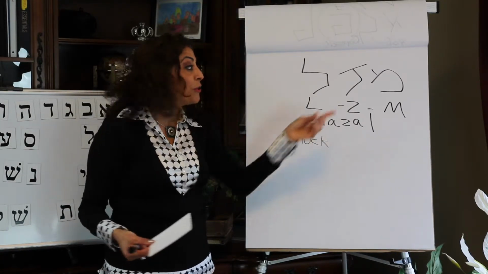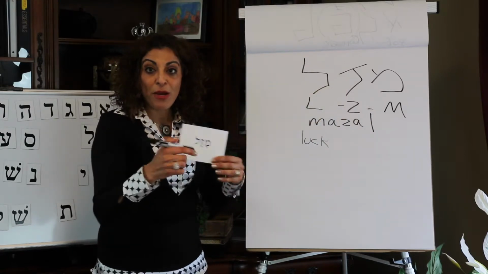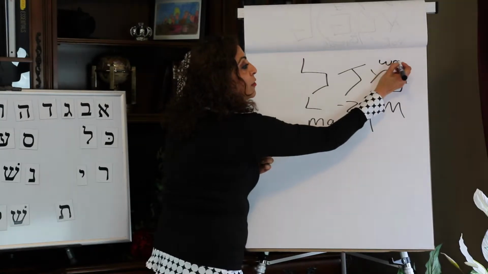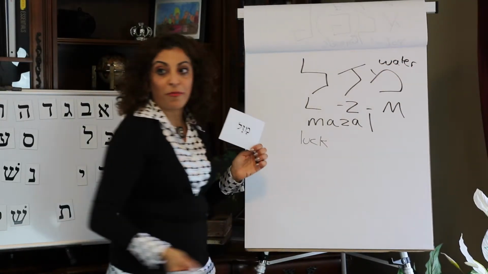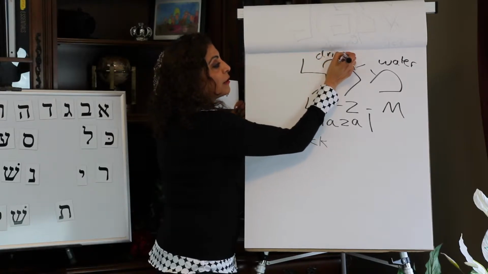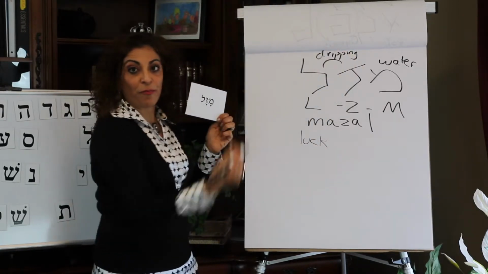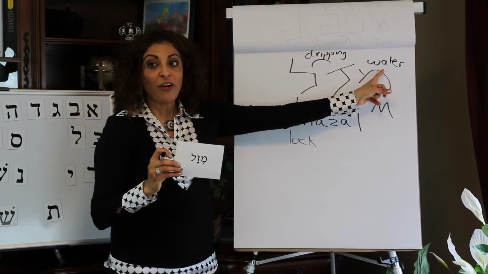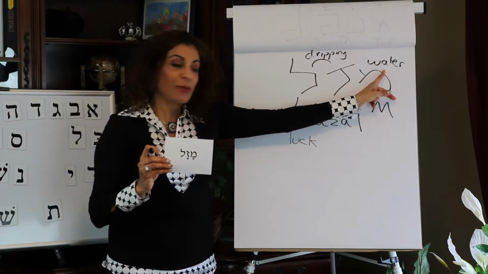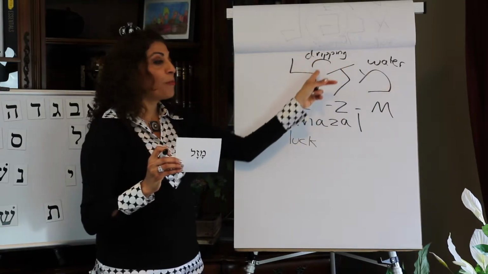Now, what does the word mazal mean? Mem, we talked about it at the beginning. It's the sign for water. Water. Zal means dripping or coming down. Water or energies in the spiritual realm, energies dripping down.